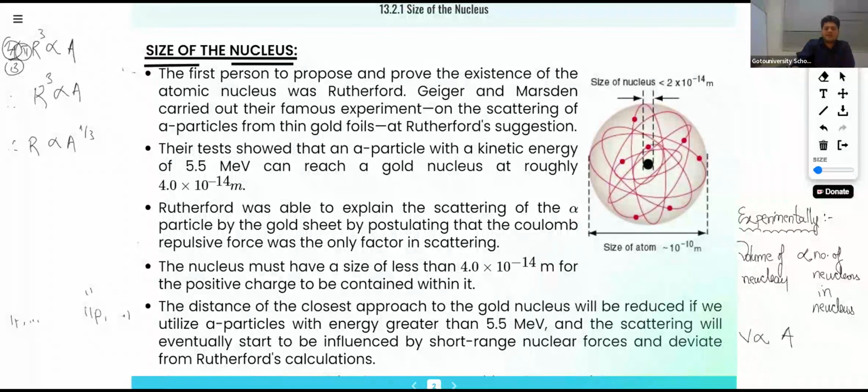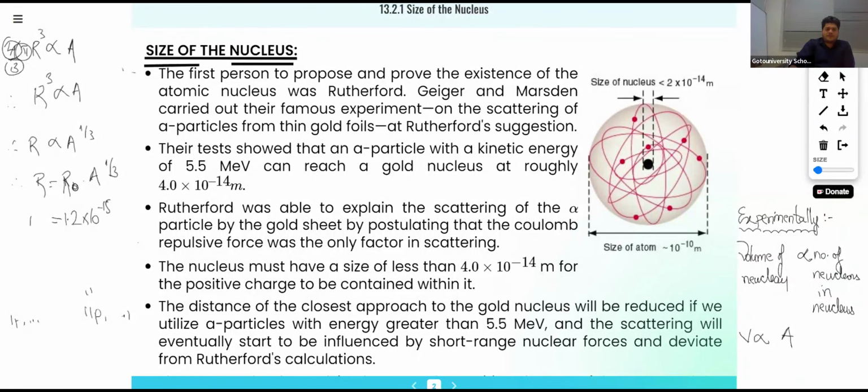After removing the proportionality sign, everyone knows what will come. Yes, there will be a constant and it will be termed as r naught into A raised to 1 upon 3. And what is this r naught? R naught is a constant, and that constant is 1.2 into 10 raised to minus 15 meter.